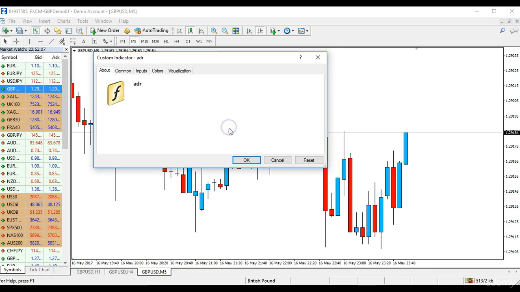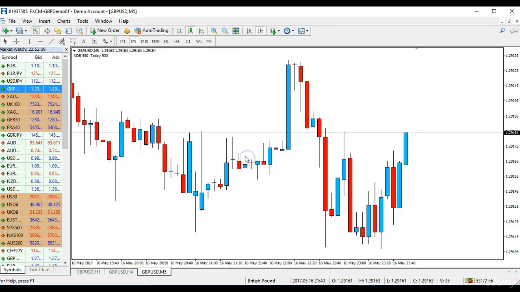Let me click one of the ones I use. This one is called an ADR indicator. What it does is work out what the daily range was for the past 5 days, and it tells you what you should expect for today. So, for example, the ADR was 59 points, and today it's showing 93 points.